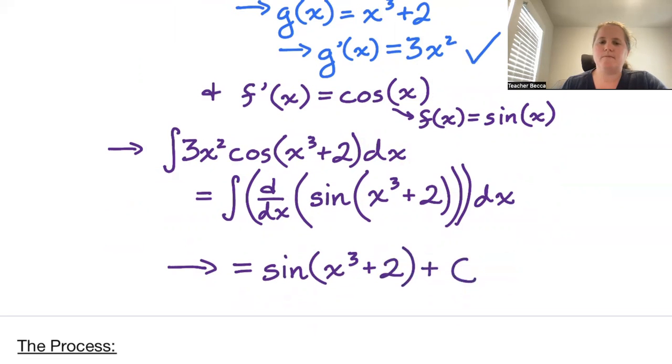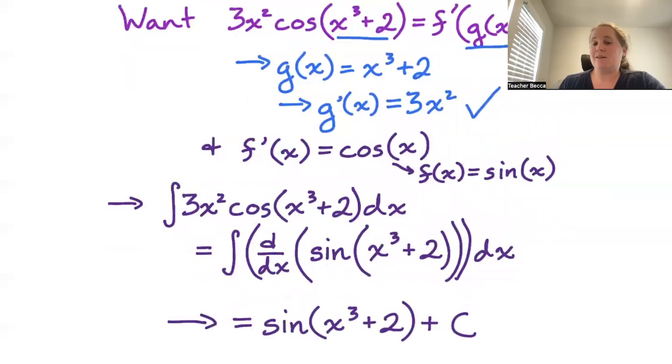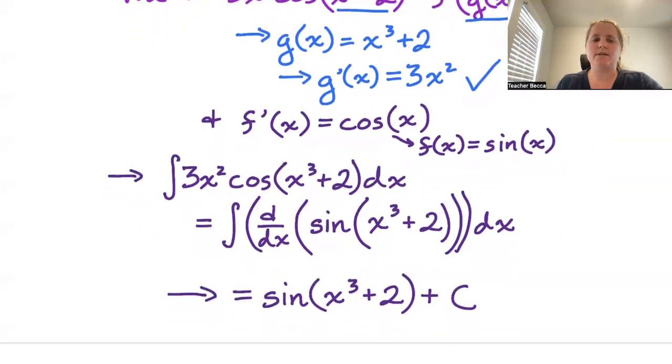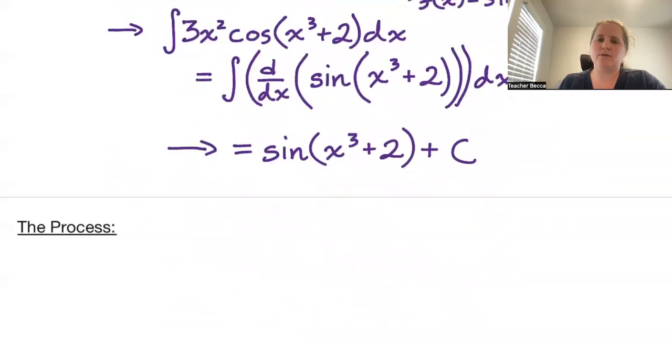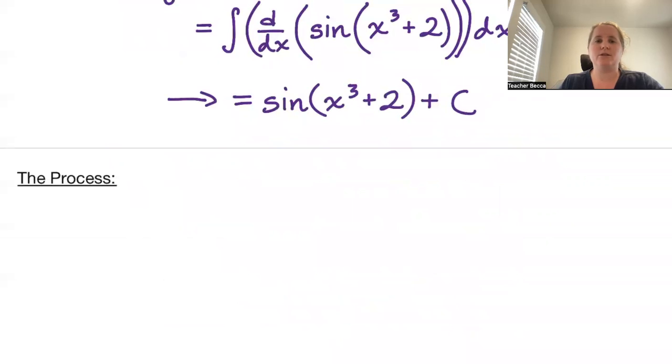Now, I find it confusing to use f of x's and g of x's and leave it all in x's. So a standard process is to use what is called u substitution, where we essentially change variable.